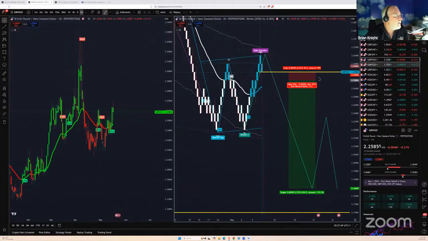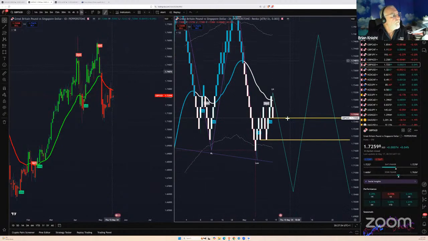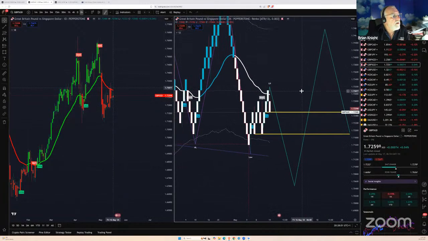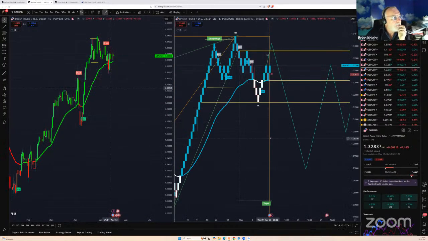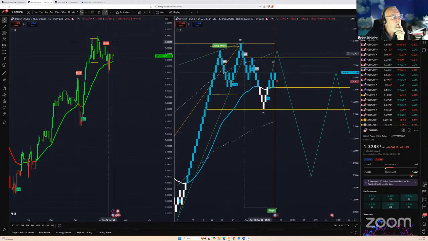Right, GBP and Singapore. Okay, we're looking for a short on the next one as well. We'll see, looks like GBP, so lots of, yeah, I'm saying up then back down again, but we've got this here. 2, 3, 1, 2.